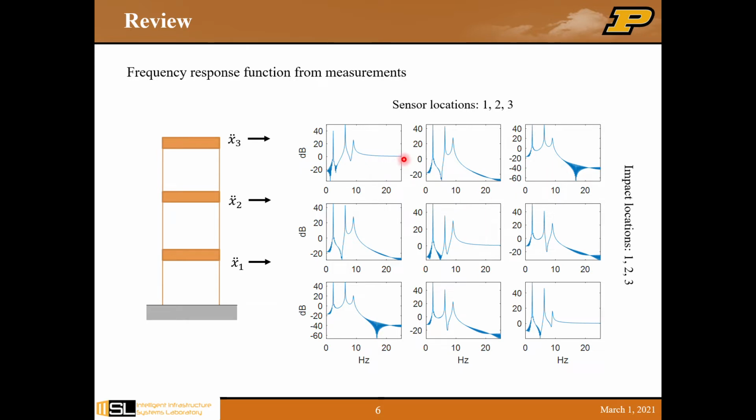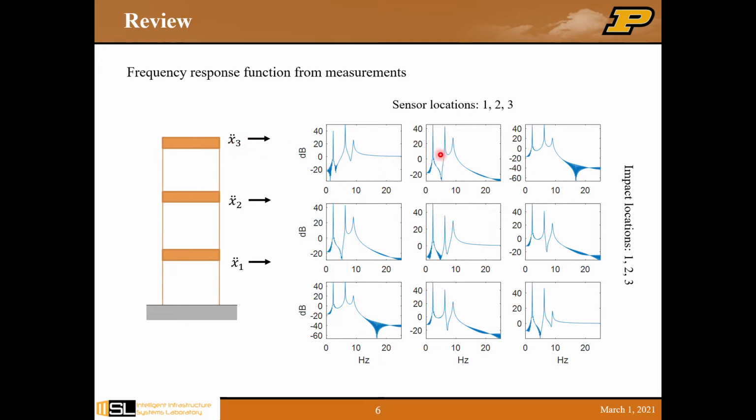So one thing you can observe is that the matrix is actually symmetric, meaning that you can obtain the same FRF if you hit the structure, for example, in the third floor and then use the second floor measurement, or you hit the structure in the second floor and you use the third floor measurement. You can exactly obtain the same FRF.